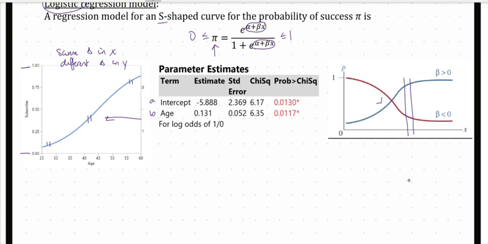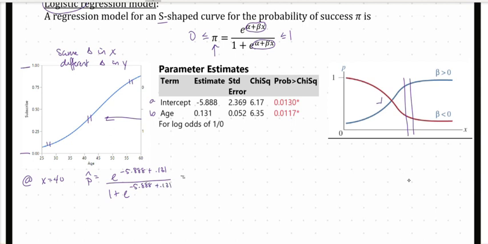So now let's get our prediction for people who are 40 years old. At x equals 40, p hat is now going to be based on this prediction equation. So p hat is going to be e to the negative 5.888 plus 0.131 all over 1 plus that same thing, e to the negative 5.888 plus 0.131.